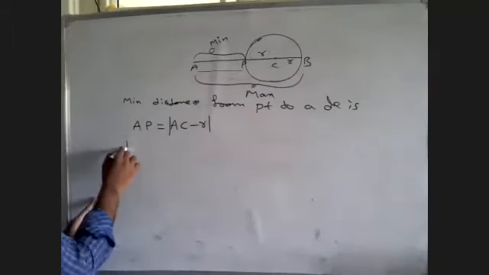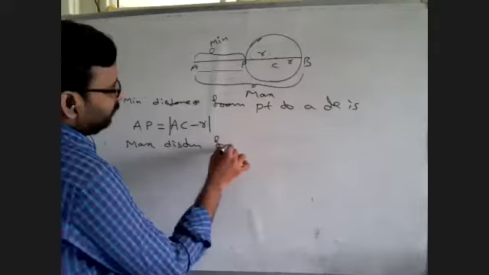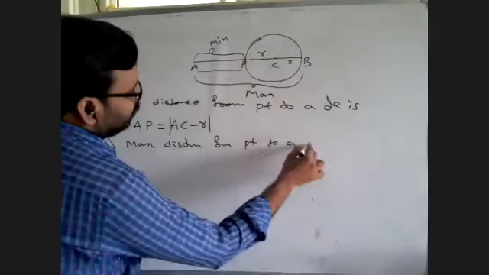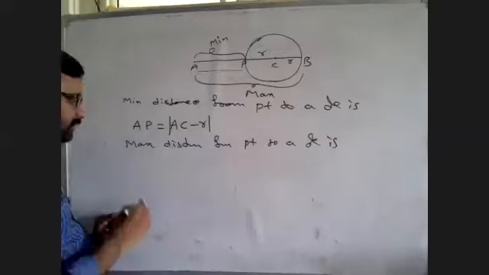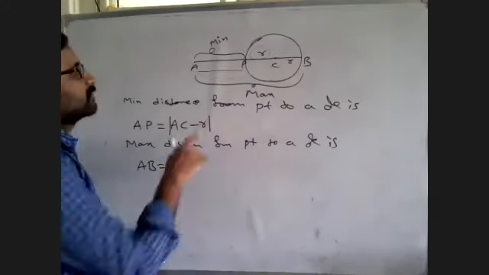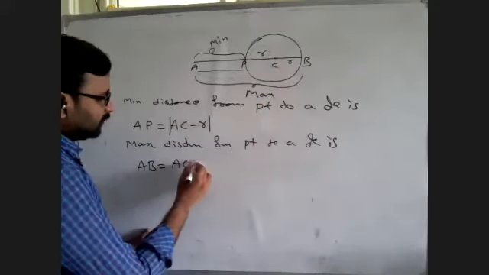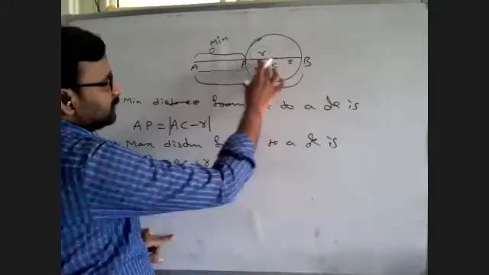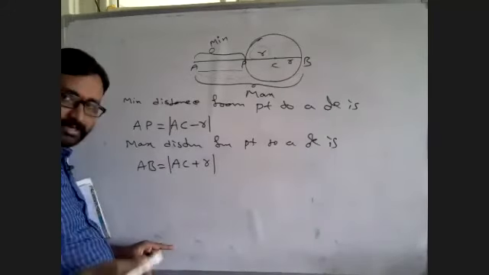Next, the maximum distance from a point to a circle. Maximum distance means from A to B. That is AB equals AC plus R, in modulus, again because it should be positive.